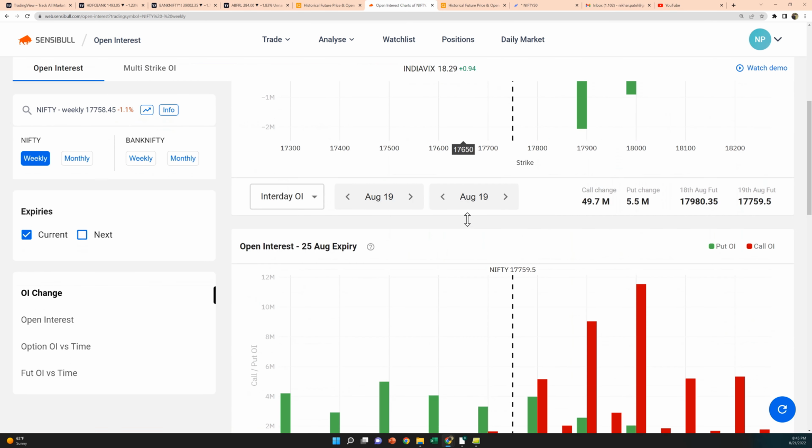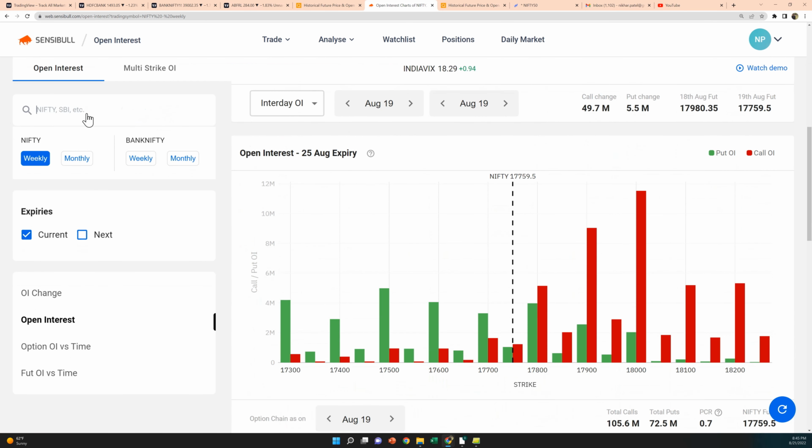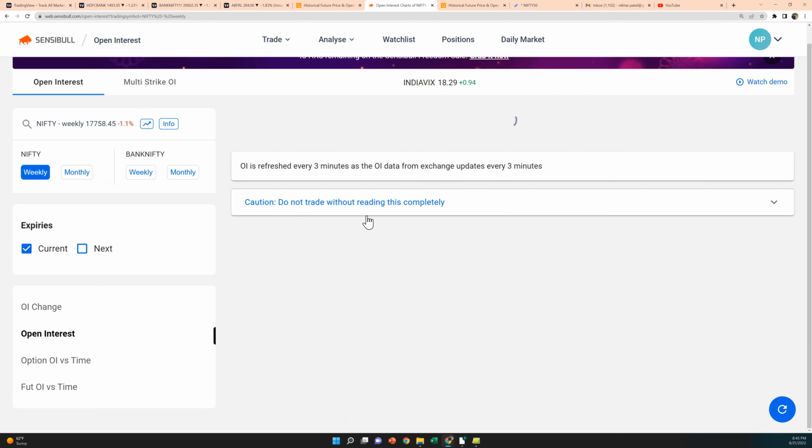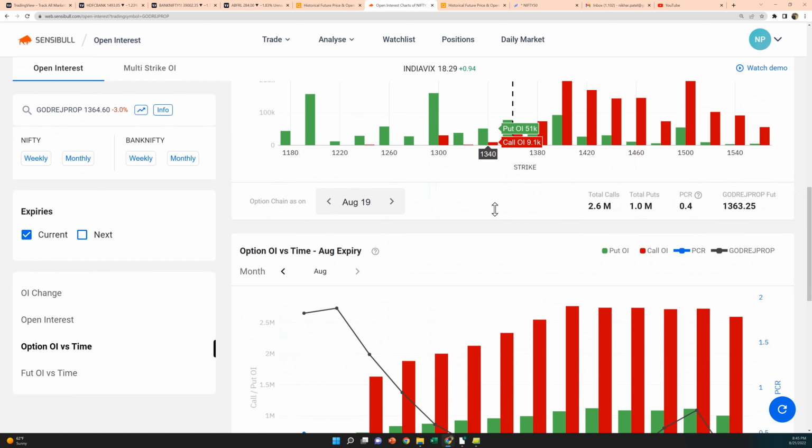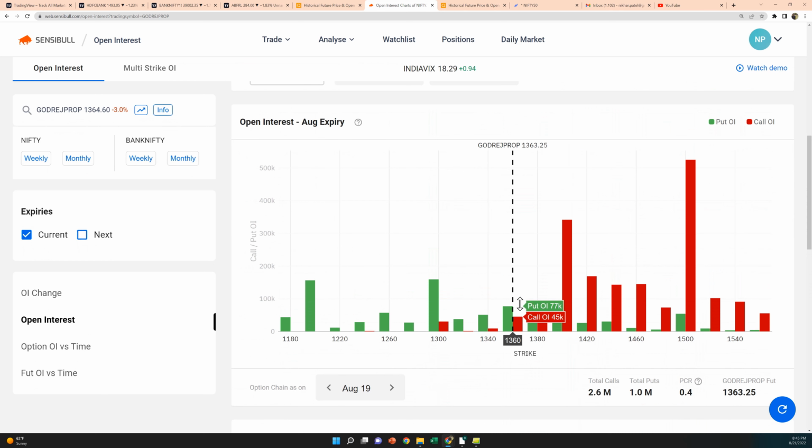Now what you would see in Godrej Properties is that the spot is currently around 1363.25, and the nearest support is 1360, the next average support is 1340, and then the next major support is 1300. So let's just note this down.